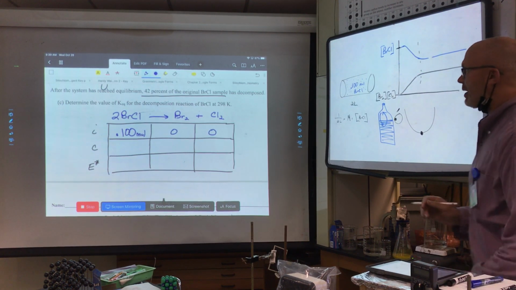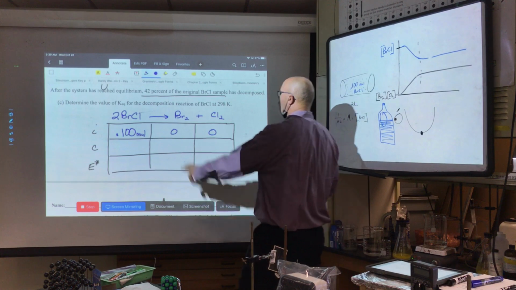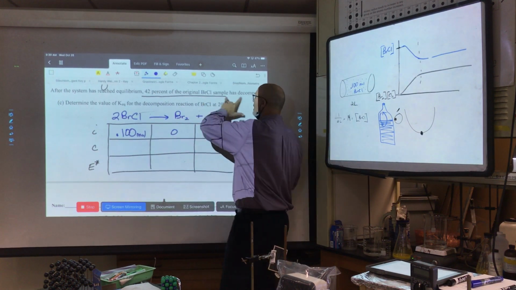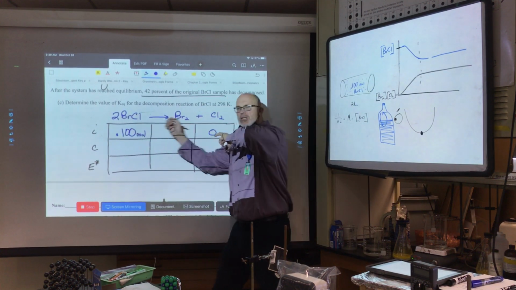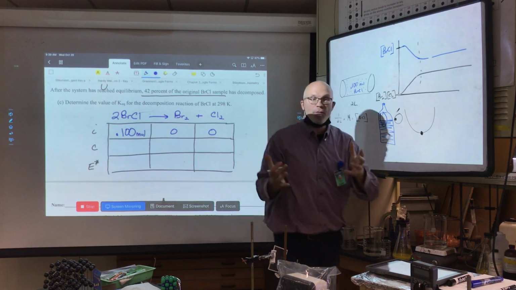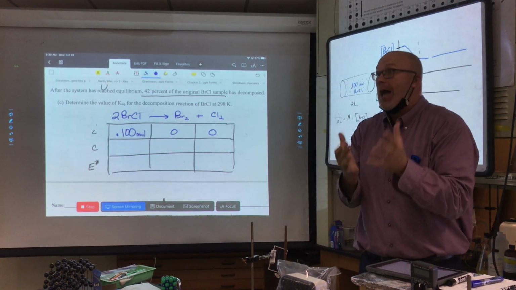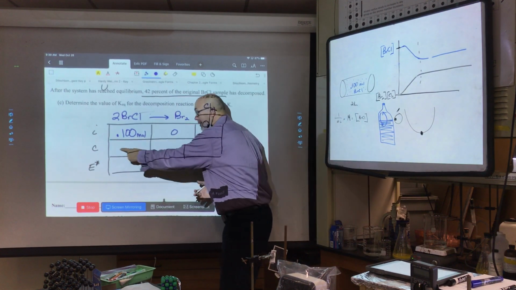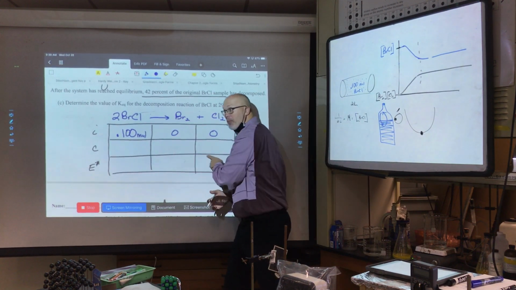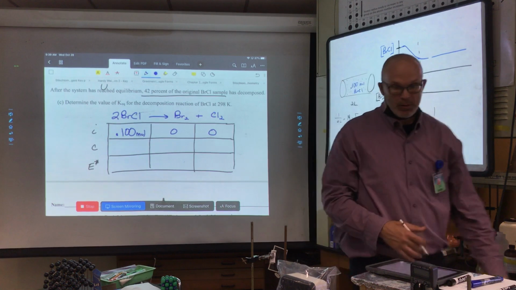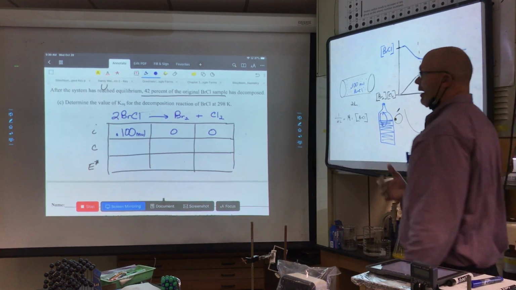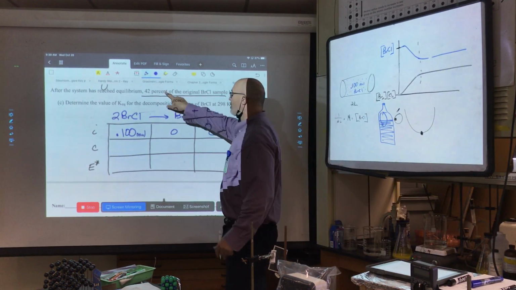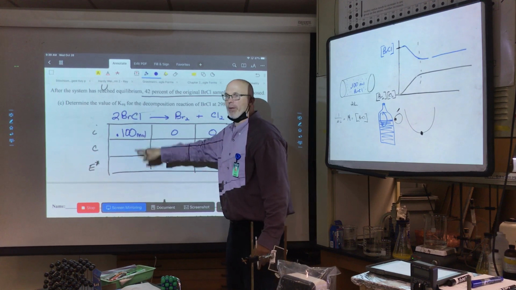Now, they said 42% of the sample has decomposed. Decomposition is just this reaction. So let's go find how much has reacted. That's what they're saying, 42% reacted. Don't we put the reacted here? Yeah, so you do minus 0.42 on that. Well, exactly, but hold on. Let's go find 42% of 0.1.